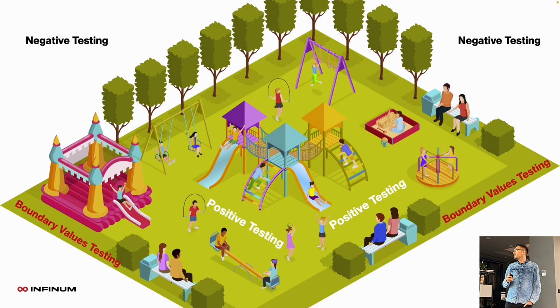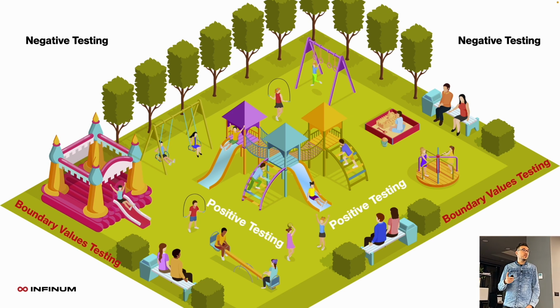Before I continue with the theory, I would like to give you just an illustration, an example of what negative testing can be. Everything in this amusement park is positive testing, because the outcome of playing in this amusement park is already known for the kids.